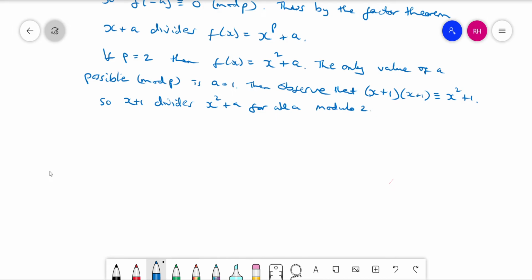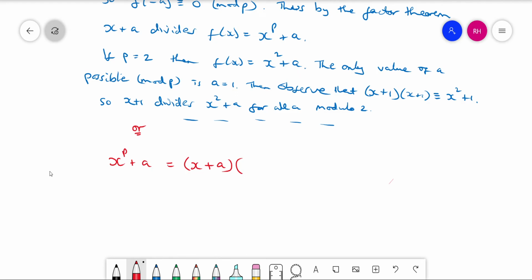Now there's another approach, or I think you can just do this, x to the p plus a. What we've shown is that x plus a is always a divisor. So you go x plus a, and then you say, well, what am I going to have to put in this part to make this work?